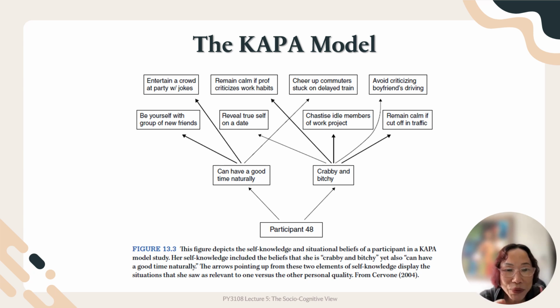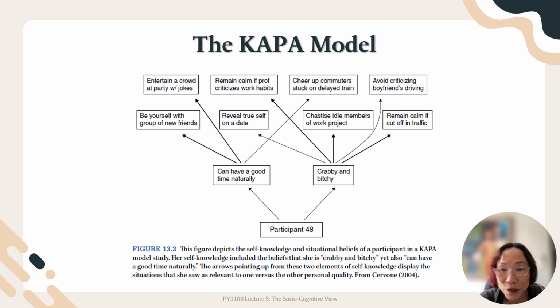For example, being yourself with a group of new friends: this participant found she can have a good time naturally, be herself. But revealing true self on a date, she found that the self-schema of being crabby and bitchy is the schema that functions in this situation.